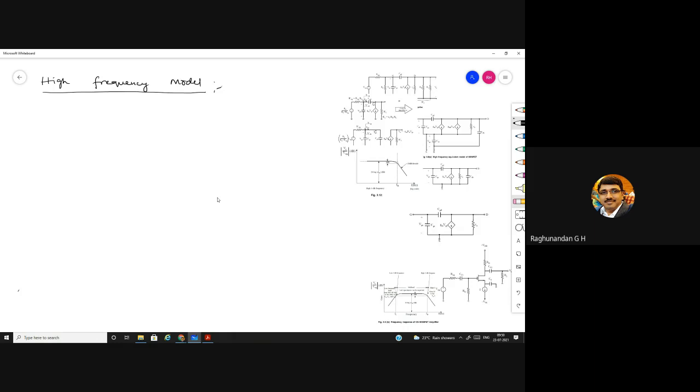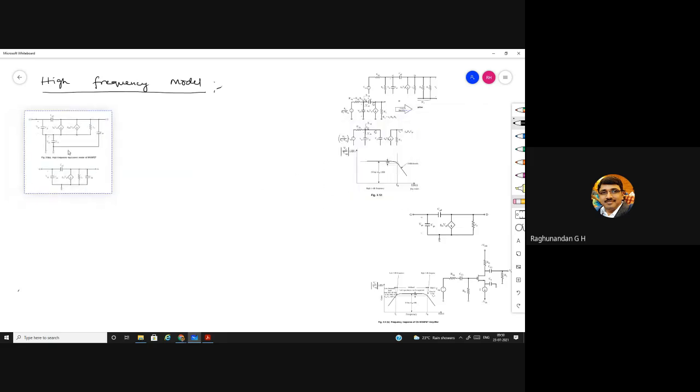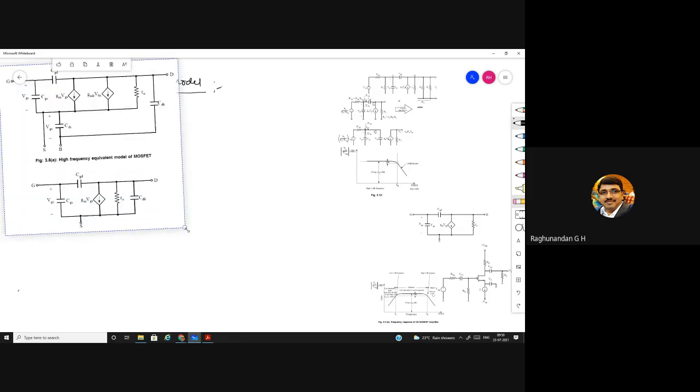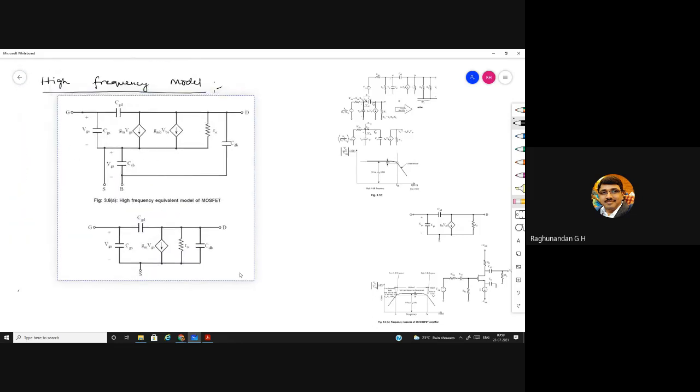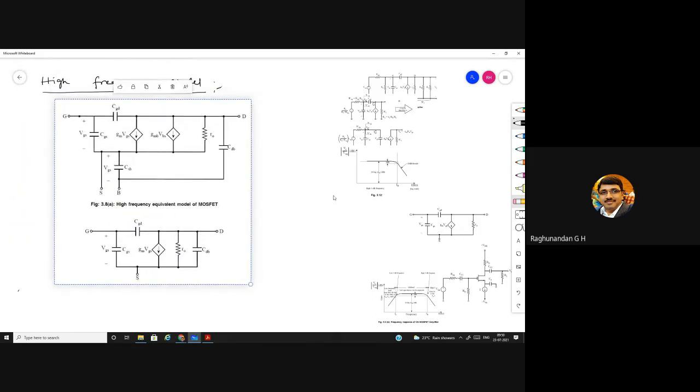So when frequency is increasing, automatically the capacitive reactance is going to decrease. So with this, we need to analyze the high frequency model. We cannot ignore the reactance which is offered by the capacitors under high frequency modeling.